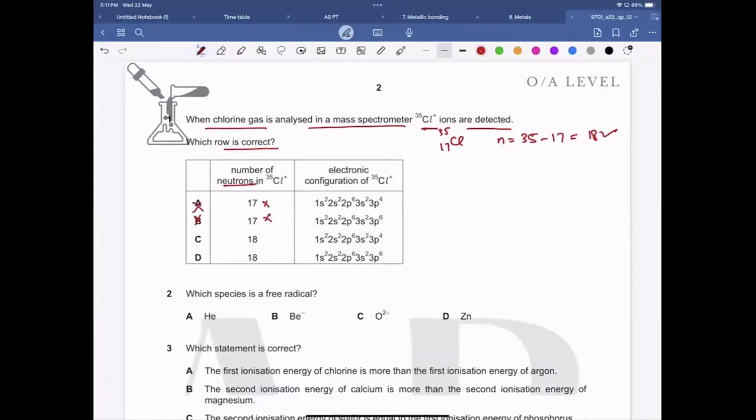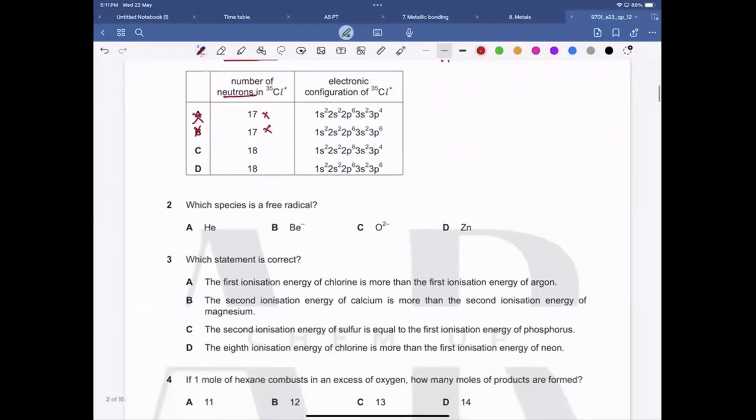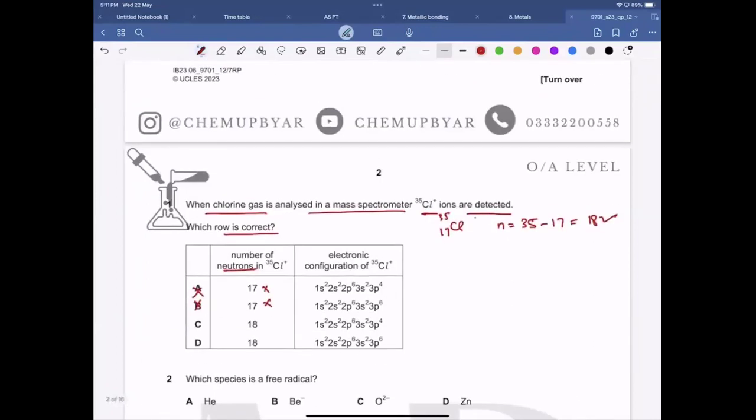Is this understandable to all of you? Yes, is this clear? Okay. Now, chlorine has 17 electrons, but when it is positive, it has 16 electrons.